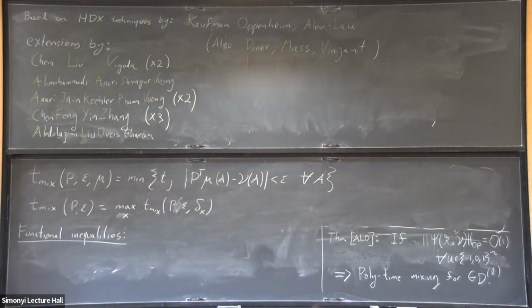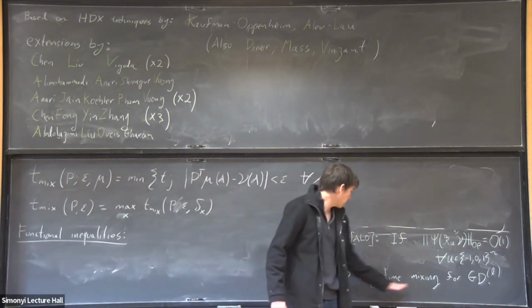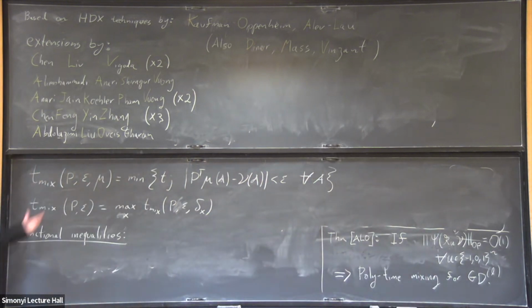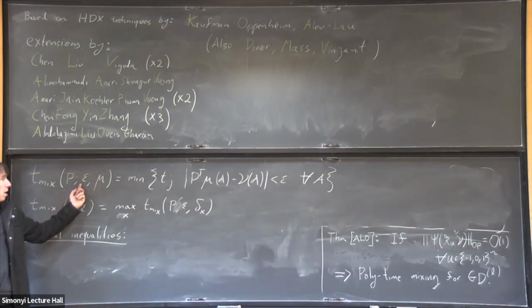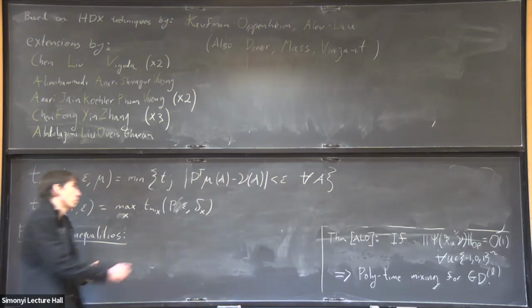Okay, now let's be a bit more precise in what this means, polytime mixing, etc. This is a very natural definition for Markov kernels. The mixing time of P, where P is some Markov transition kernel, epsilon is some small number, and mu is a measure that we think of as the initial measure.